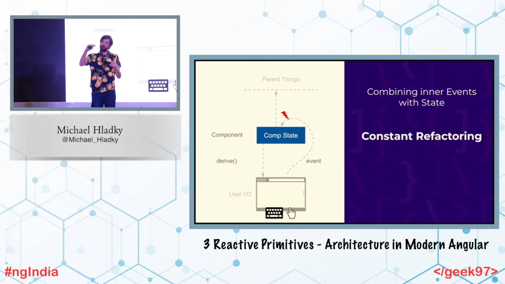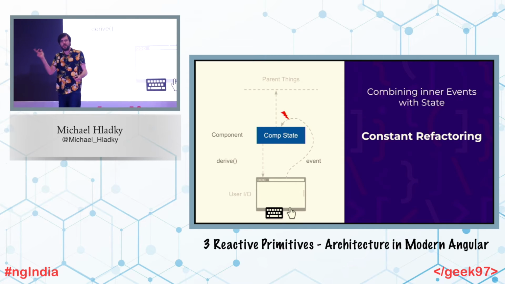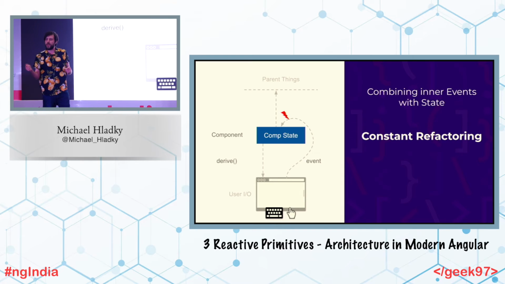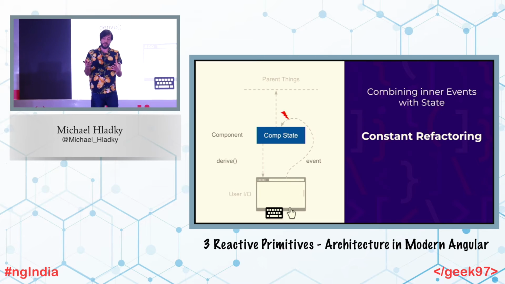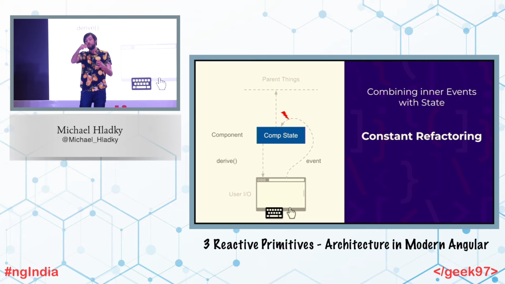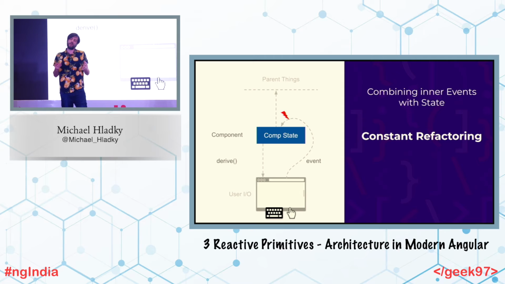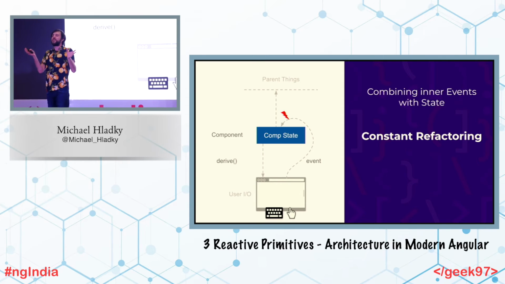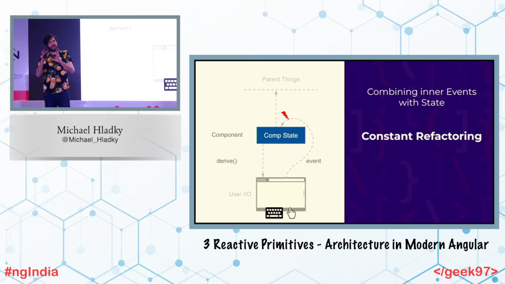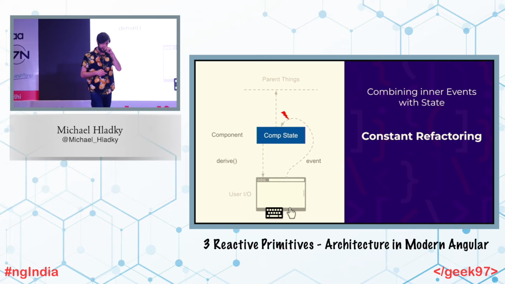Whenever you do that and you don't have just a function call, but something a little bit smarter, like you debounce the user typing, or you only process 1 click instead of 10 clicks, then you need some asynchronicity on those updates, and then it is very hard to connect them back to the state. So this is another friction point where you will see a lot of hacks and a lot of other stuff in your code base.